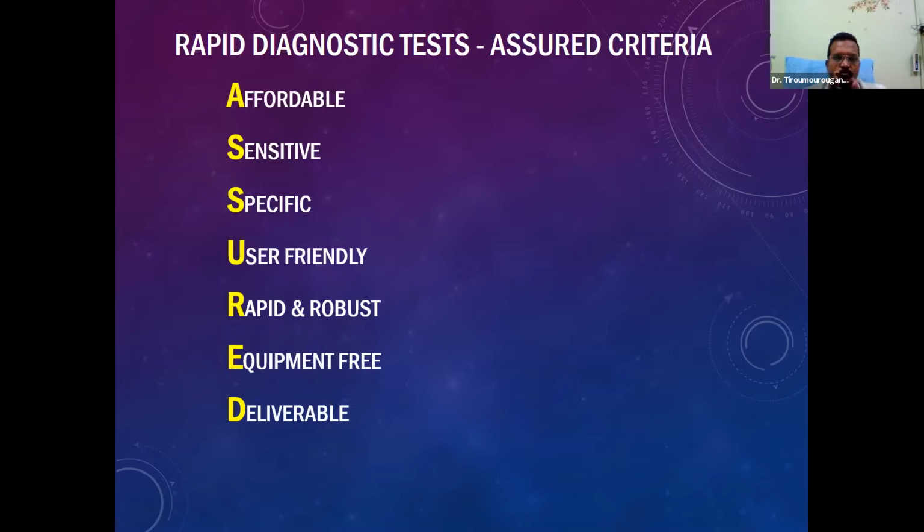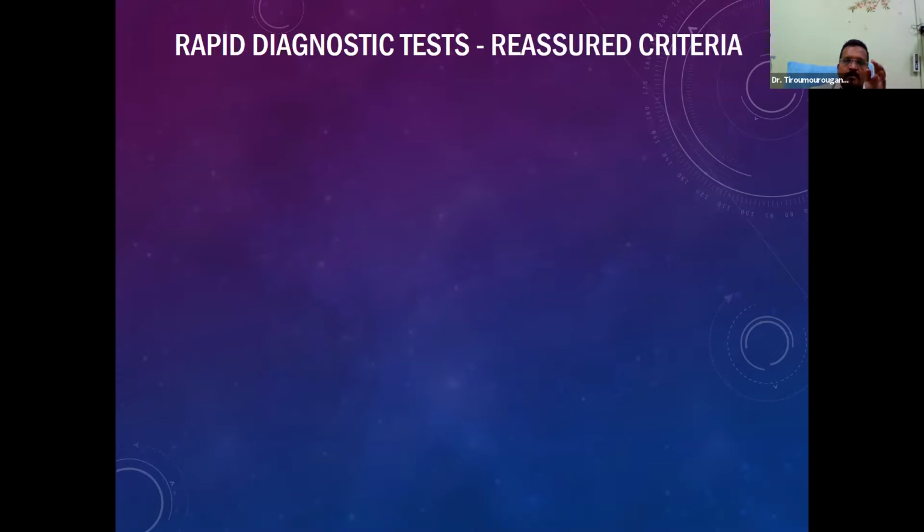So this is pretty much what the WHO came up with in 2010 as the ASSURED criteria. Since then, a couple more parameters have been added to the ASSURED criteria, that is real-time connectivity. It's not sufficient if the peripheral healthcare worker does the test; the results should be immediately available to the doctor or any other healthcare specialist who is sitting somewhere else.